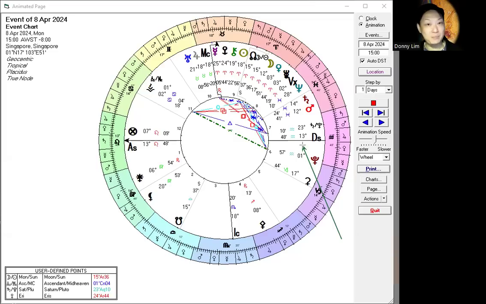And why maternal grandmother? This is because maternal grandmother is the 10th divisional house away from the 10th. This is how we end up with the 7th. And the paternal grandfather is because he is the father of the father. So it's the 4th from the 4th. This is also when we end up with the 7th house as well.